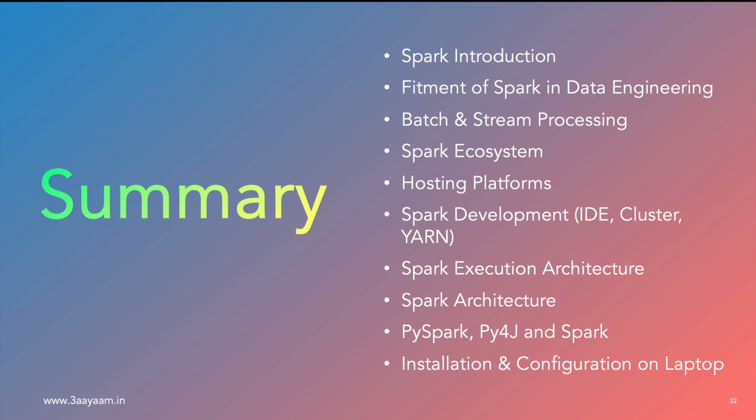Then we went a little deeper into the Spark ecosystem. The Spark ecosystem comprises Spark Core, which is nothing but the resilient distributed dataset, and then we have the DataFrame on top of it. And there are other libraries like Spark SQL, MLlib, GraphX, etc. Those are built using the DataFrame API only.